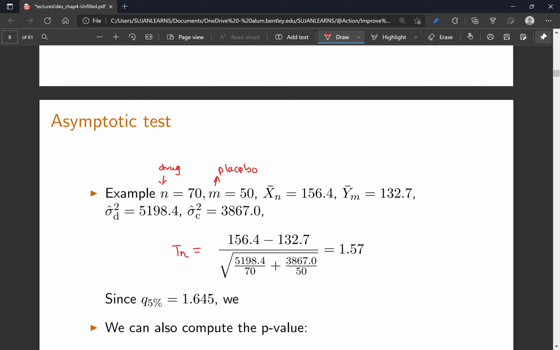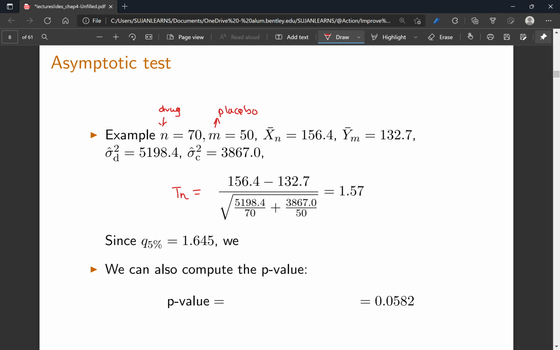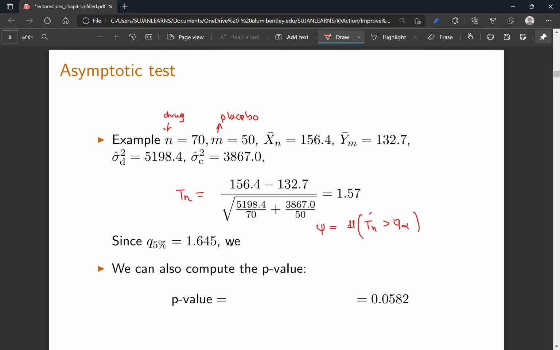Now let's build the test, where the test is Tn greater than q alpha. Tn is not an absolute value, since this is one-sided. Then q alpha becomes q 5%.